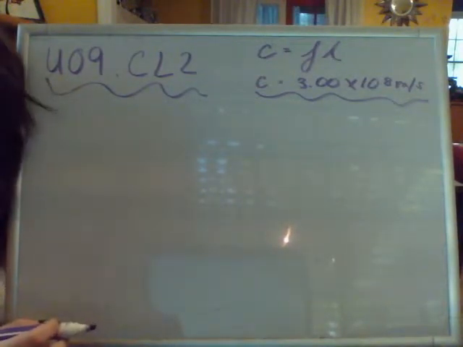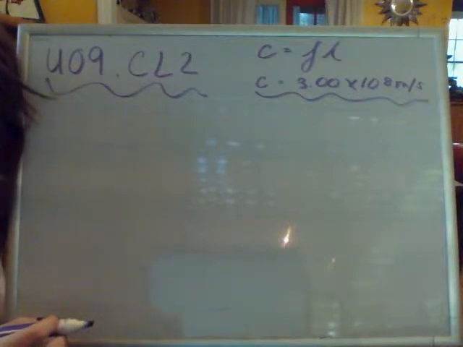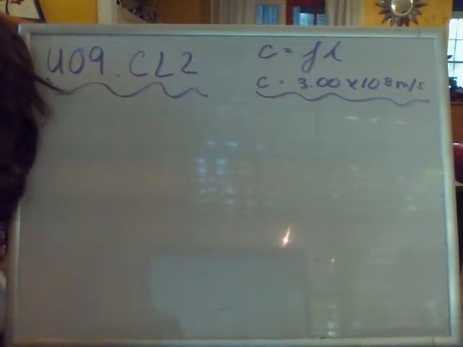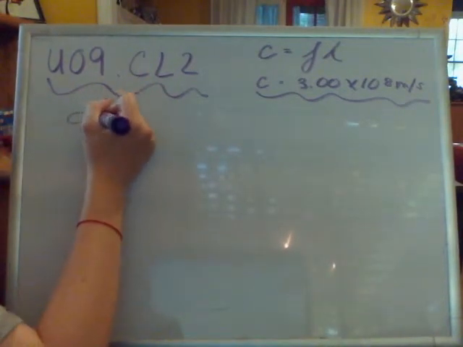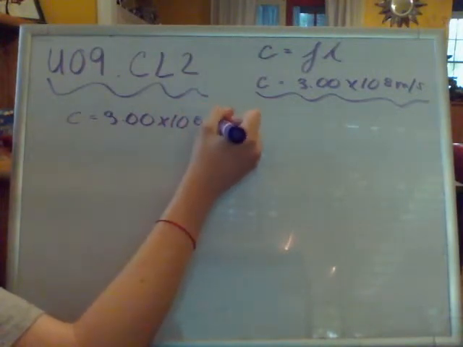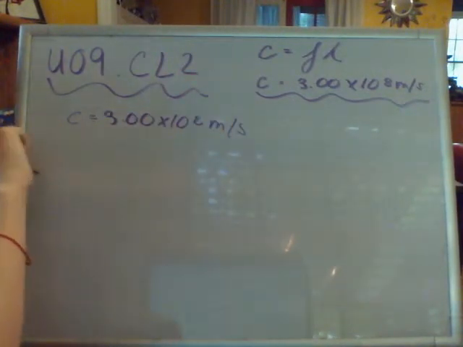So it says, what is the wavelength of ultraviolet light with a frequency of 9.5 times 10 to the 14 hertz? So for ultraviolet light, I'm guessing its speed is going to be 3.00 times 10 to the 8th meters per second, because that is our constant.